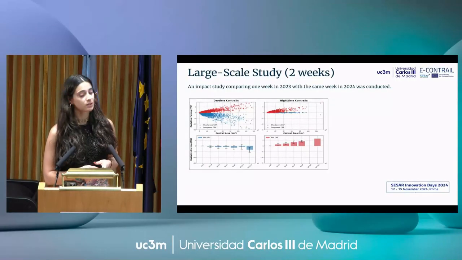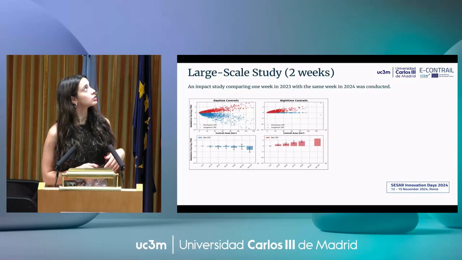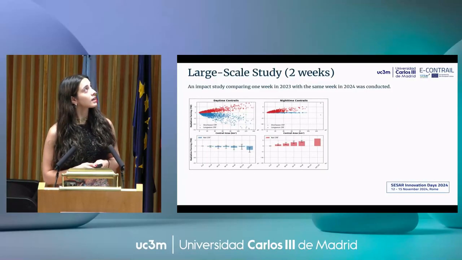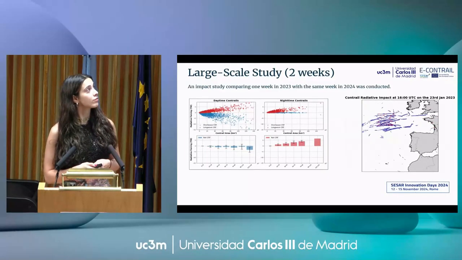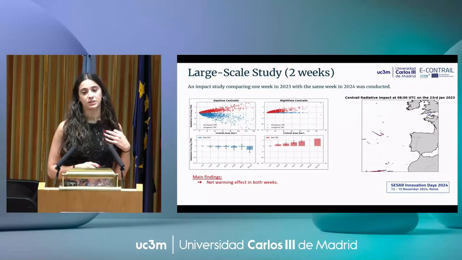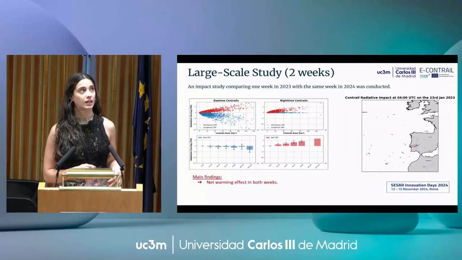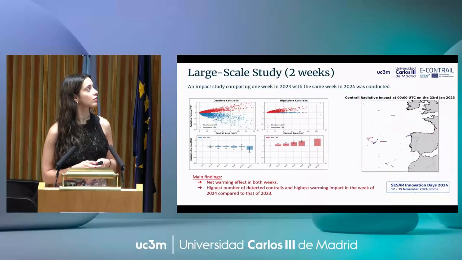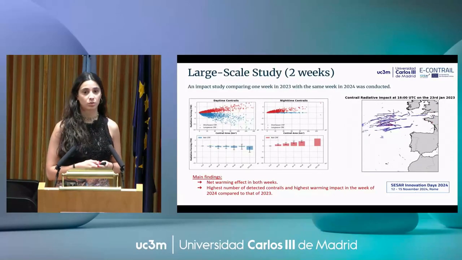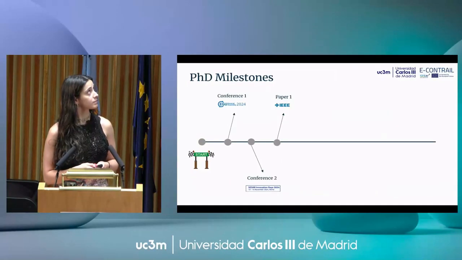So as expected, daytime contrails have a shortwave and a longwave effect, and the net effect was cooling, and nighttime contrails had a net warming effect. However, since this study was performed in January when we have less daylight hours, the net effect was warming, and we found a higher impact in 2024 than 2023.